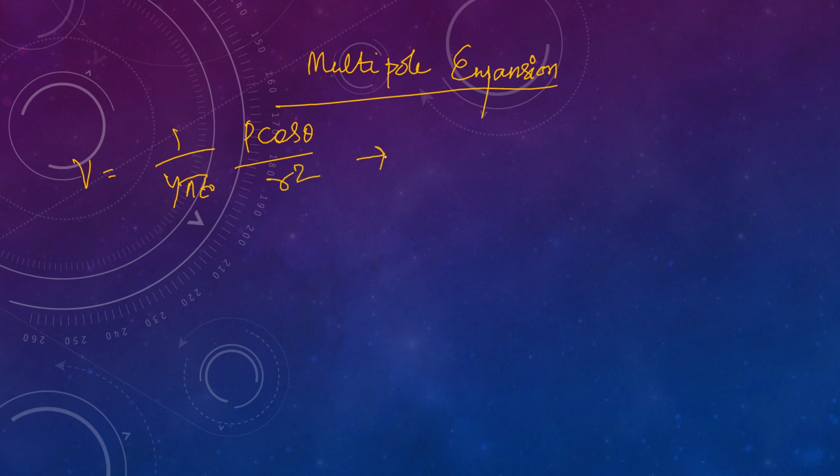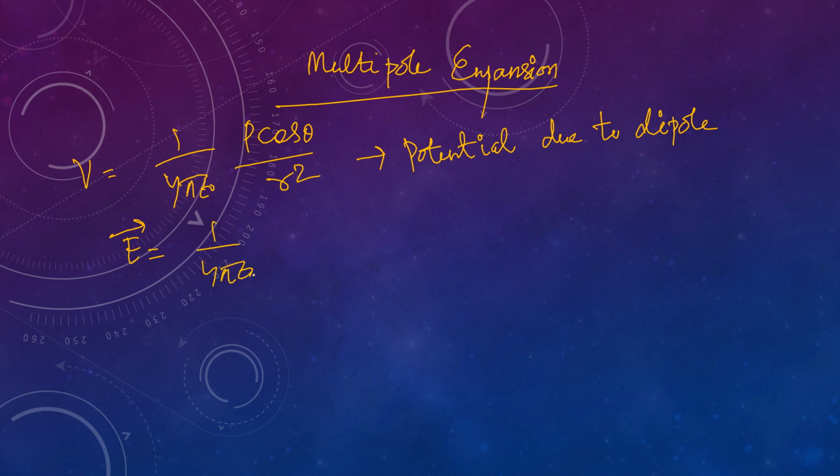This is the potential due to the dipole. The electric field is 1 by 4 pi epsilon naught p by r cube, times 2 cos theta r cap plus sin theta theta cap.